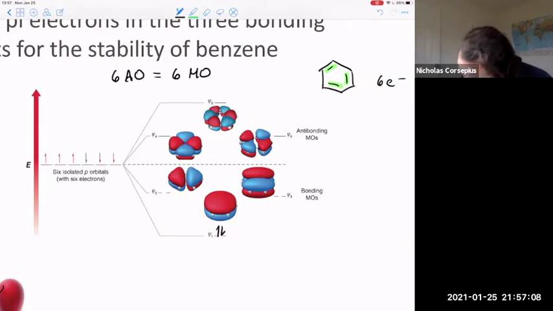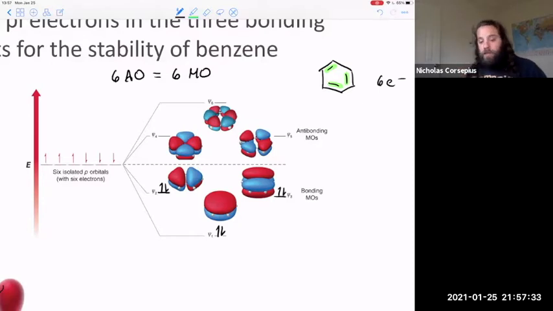When we go up to the next layer, notice that we have what are called degenerate molecular orbitals, meaning they're at the same energy level. We're going to go through them first, half fill each one, 1, 2, and then, let's say we have 2 already, 3, 4, then go back and fill up 5, 6.